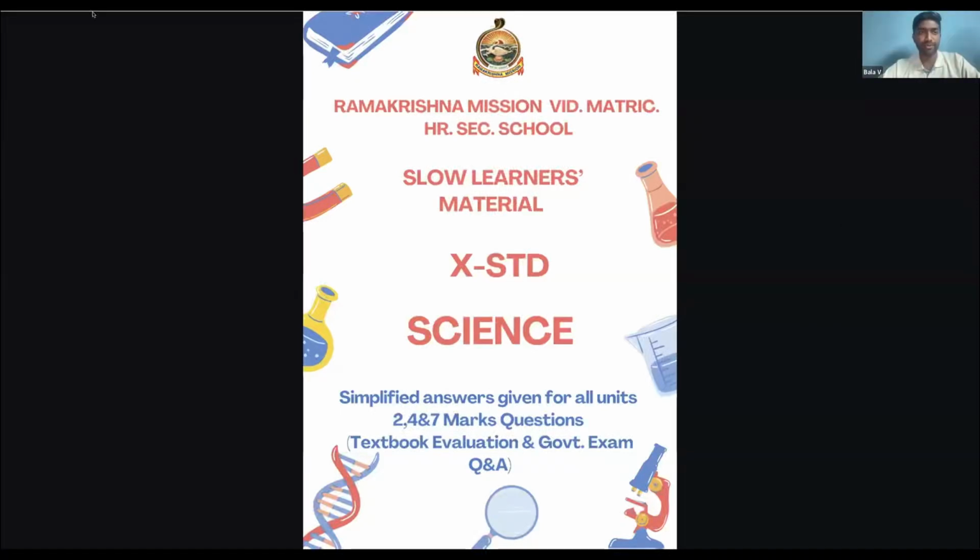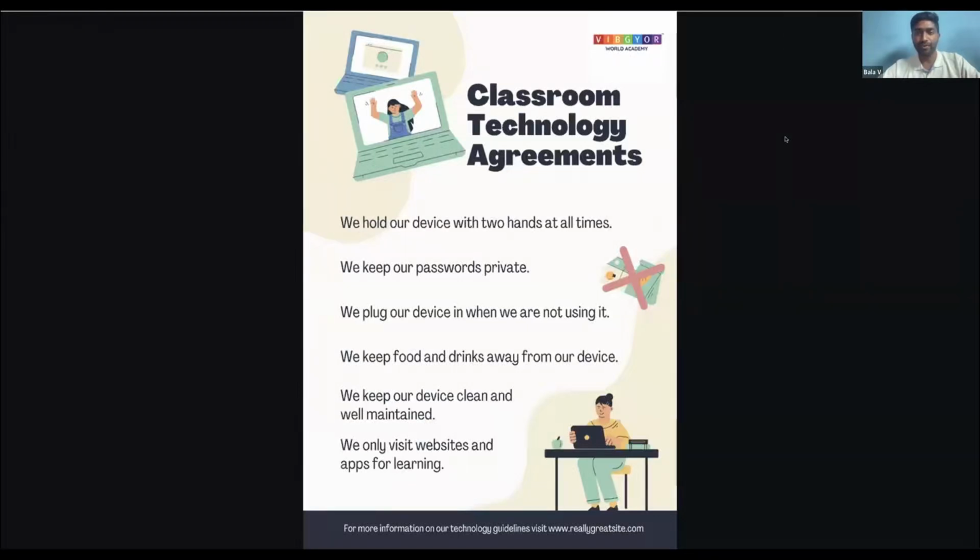I hope my screen is visible for you. Yes, Mr. Bala. Oh, wow, lovely. This is a beautiful creation from Ramakrishna Mission, Kemati. And we have another one from Vibia World Academy. Oh, lovely. So she has added her school logo as well. Great. Here are a few more.